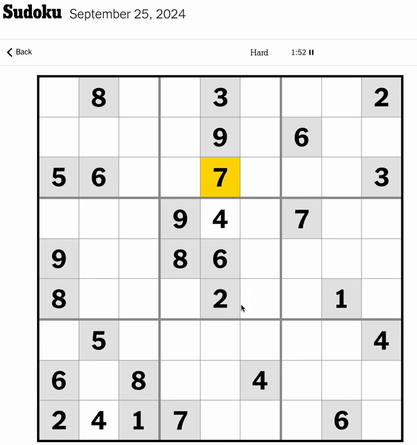Also, 1, 3, 5, 7. 1 cannot be here or here. So 1 will be here or here. That blocks these three cells. So 1 and 4 will be filling 2 of these three cells.